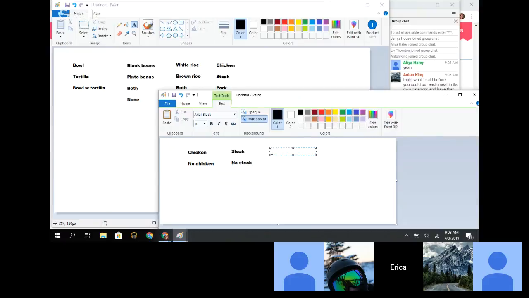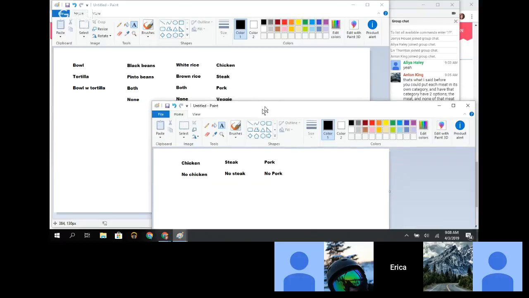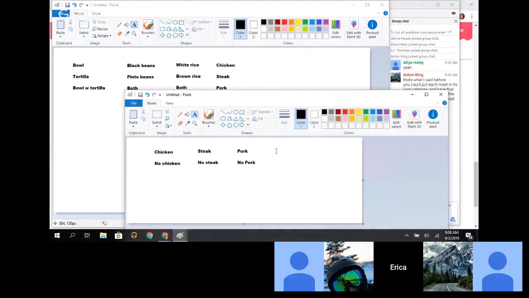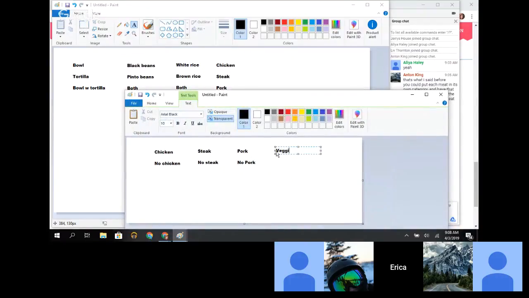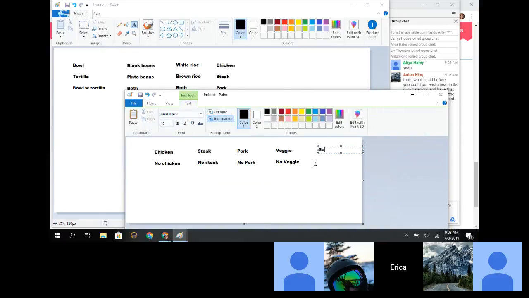We could do pork or no pork. And so forth. And we could do veggie and sofritas. That's right. Am I missing any other meat? Sofritas.